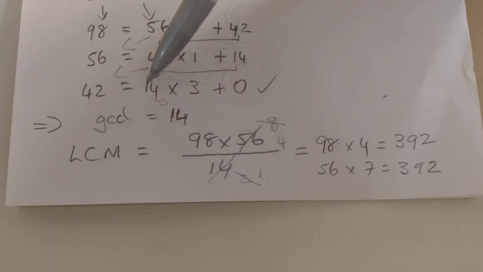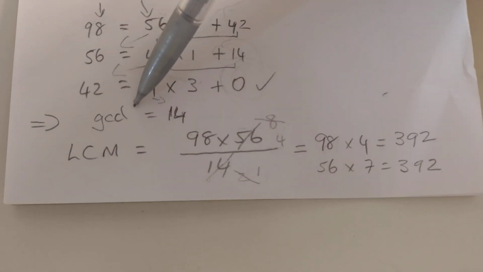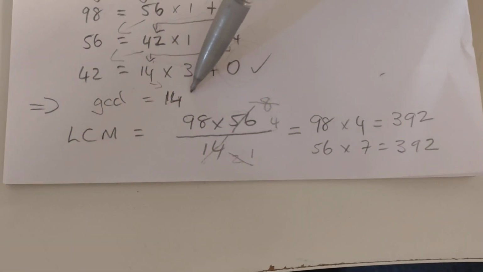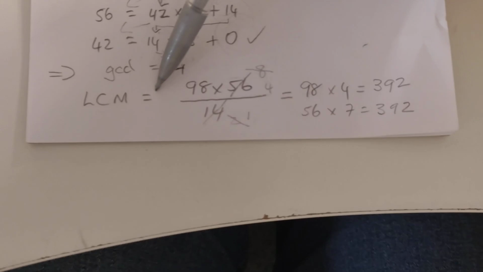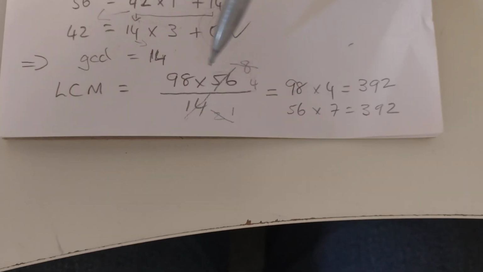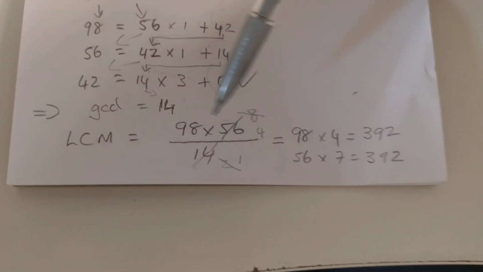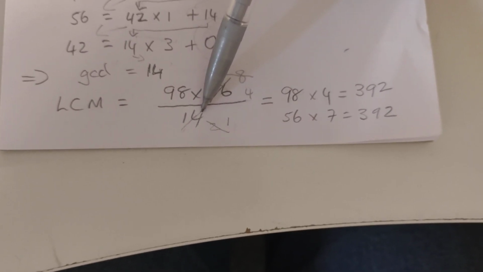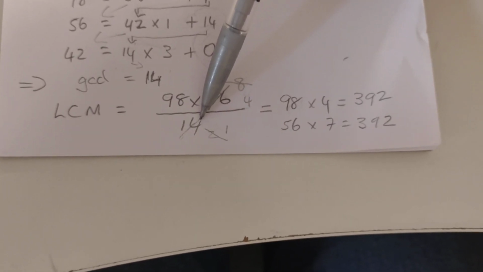Therefore, our greatest common denominator of 98 and 56 is 14, and now our lowest common multiple is an easy worked out formula where we have the 98 and the 56 divided by the greatest common denominator, which we now know to be 14.